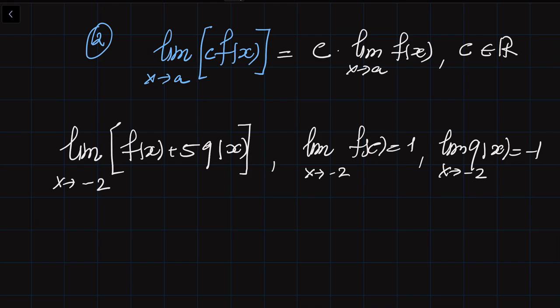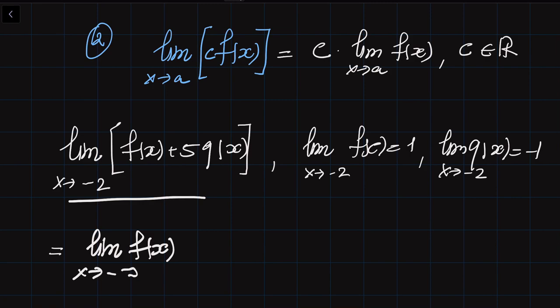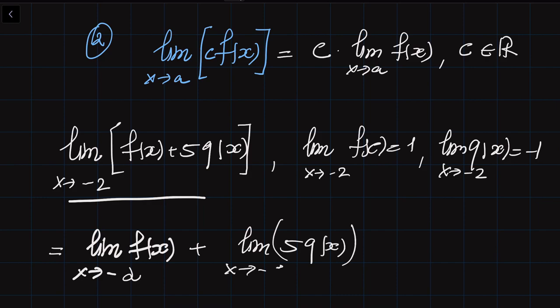It appears these two laws of limits allow us to split this big limit into smaller parts. That is going to be the limit of f of x when x goes to minus 2, using the first law, plus the limit of 5g of x when x goes to minus 2.